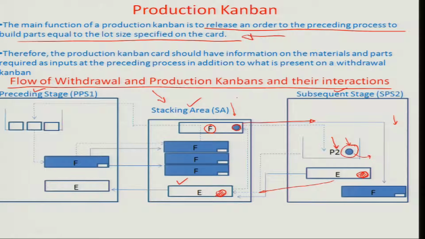So now the role of the production Kanban comes into the picture. This circular card, which is the withdrawal Kanban, goes and fits onto a full container. And obviously the full container has this rectangular card that you can see. This card is changed back to the empty container, and this rectangular piece of card is called the production Kanban.